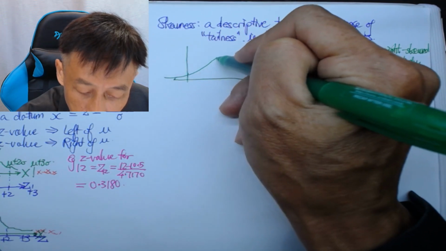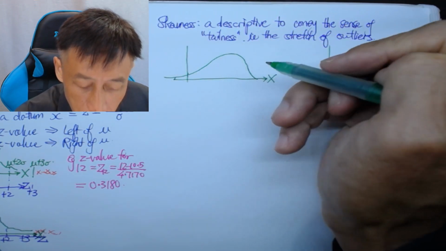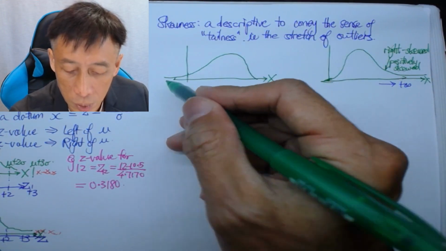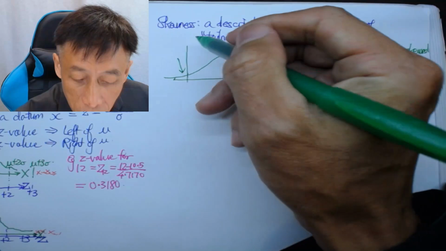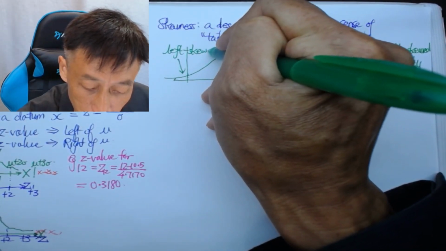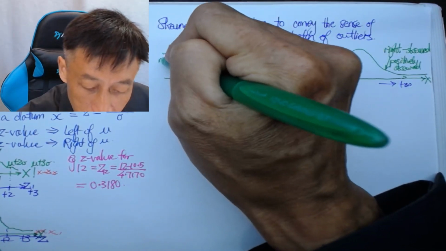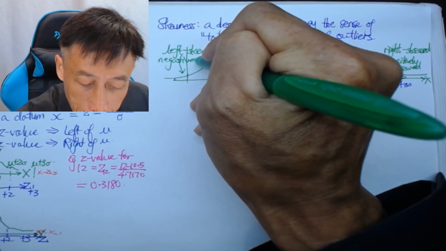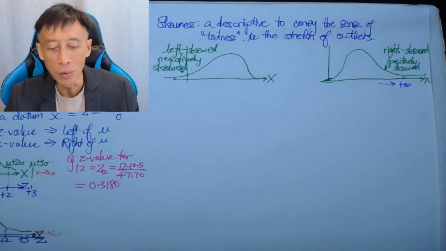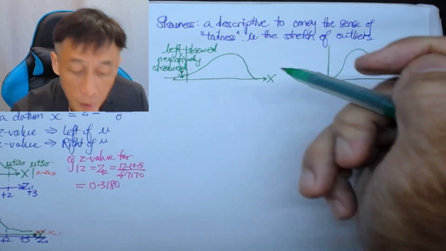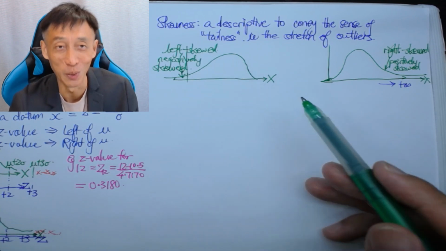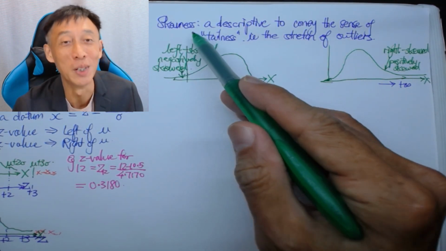It doesn't matter where the 0 is, so long as the tail here is pointing towards minus infinity, then it is considered a left skewed distribution or data set, or negatively skewed. Positively skewed and negatively skewed also is reflected in the skewness descriptive. If it's positively skewed, the skewness is positive. If it's negatively skewed, the skewness is negative.